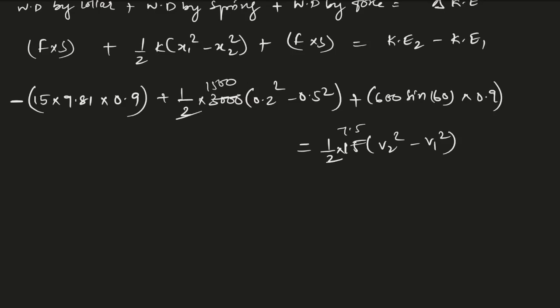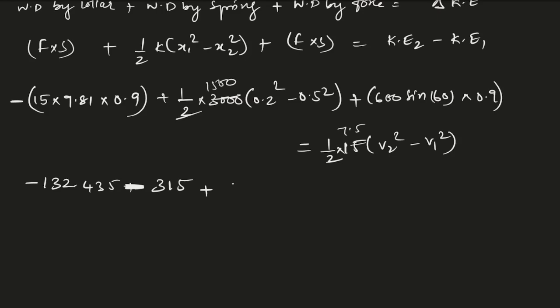So if I put it in the calculator, 15 into 9.81 into 0.9 gives me minus 132.435, plus 1500 into 0.2 square minus 0.5 square, which is minus 315, then plus 600 sine 60 into 0.9.